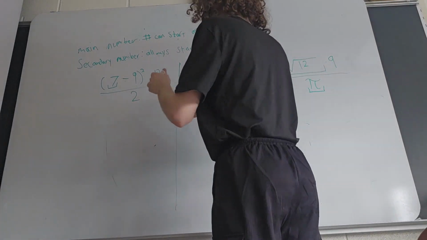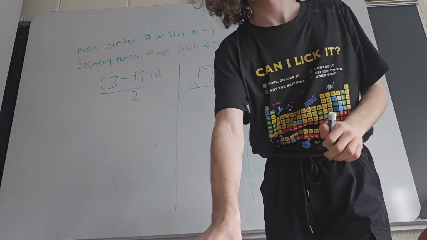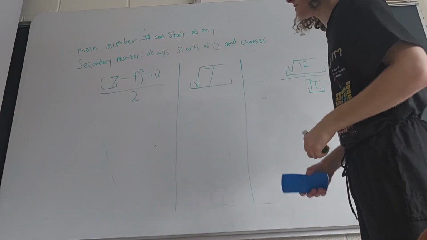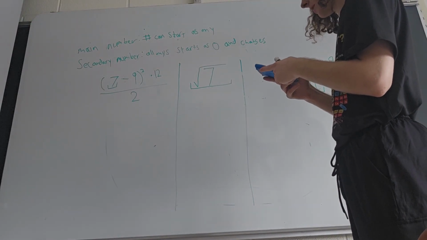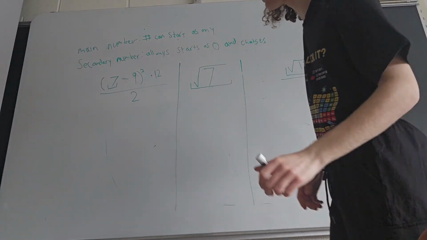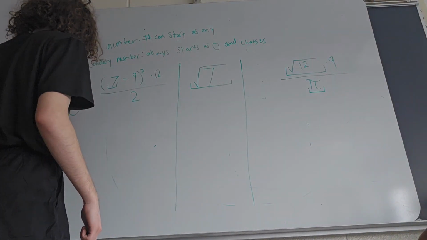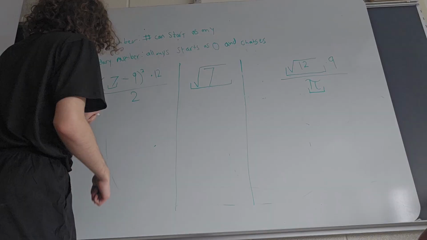So, let's do a longer example. First, we have 7 divided by 9. We're going to round it, we'll save that for later.